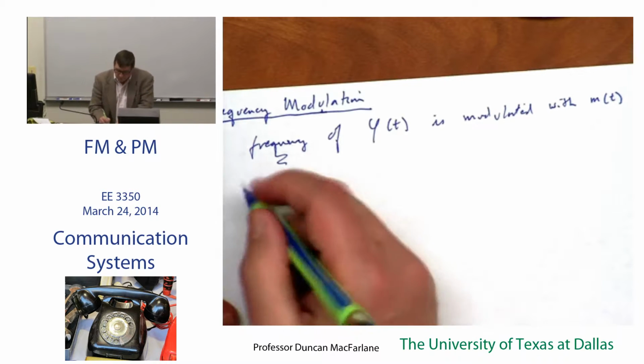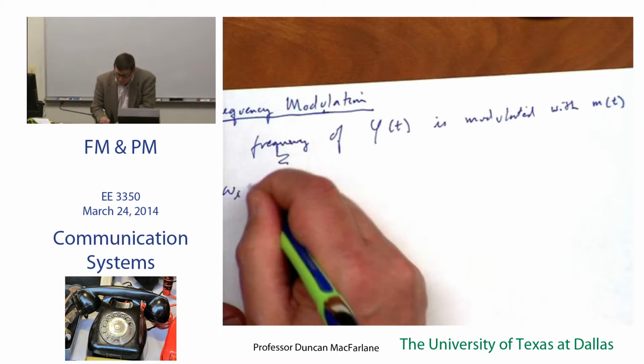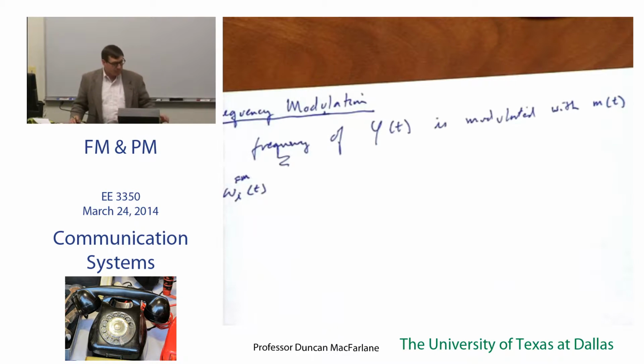So the way I'm going to think about this is I'm going to say my instantaneous frequency is a function of time for FM. My instantaneous frequency as a function of time for FM now has my message signal information in it.